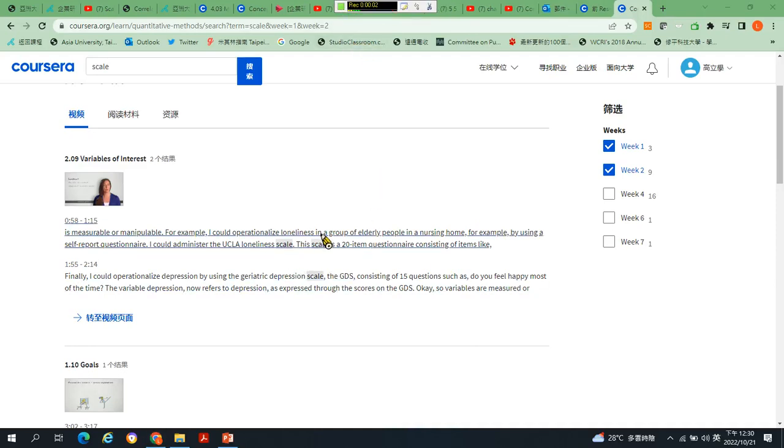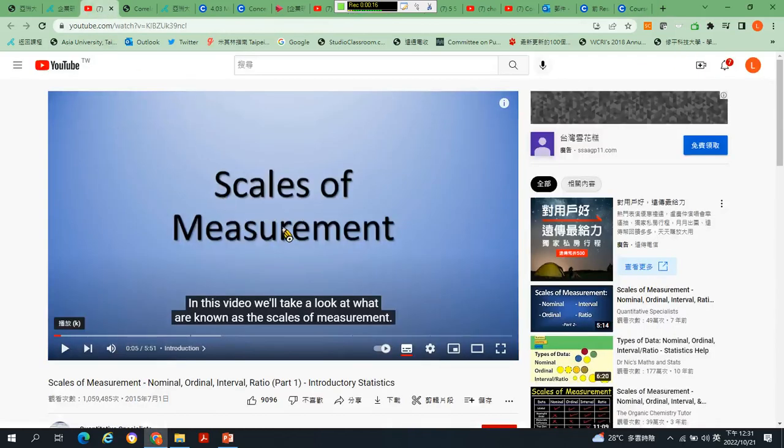Okay, so in this situation, the scale refers to a measure, and this measure consists of 20 items. Here scale is a measure, and we want to see its validity and reliability. So don't be confused with the scales of measurement here. It's different.